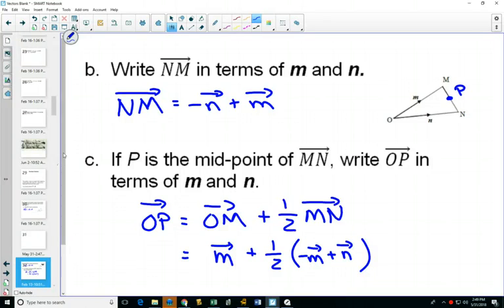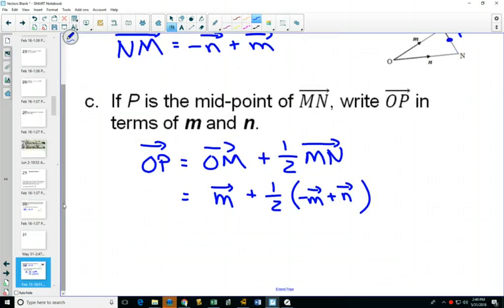I can distribute that 1/2 through, and we'll end up with m minus a half of m, which will be a half m plus a half n. If I distribute this, that'll give me minus a half m, and if I have 1m minus a half m, I will get half m.